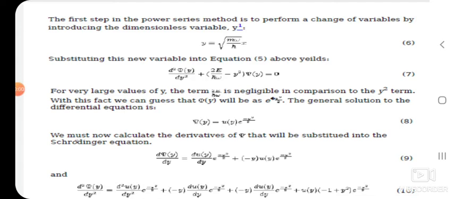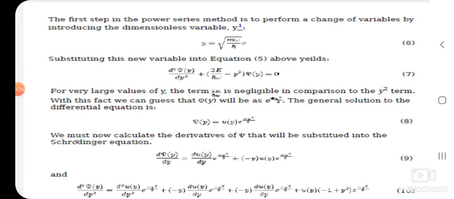Now the general solution to this differential equation is psi of y is equal to u of y e to the power of minus y square by 2. This is the general solution for equation 7. Now we must calculate the derivatives of psi, that will be substituted into the Schrodinger equation.